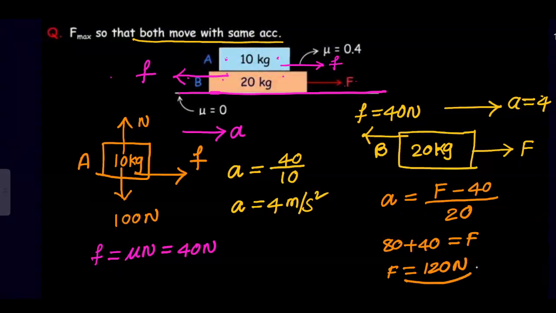That means up to 120 newtons these two blocks will move together. But if we apply more than 120, block A and block B will move with different velocity and different acceleration. Right.